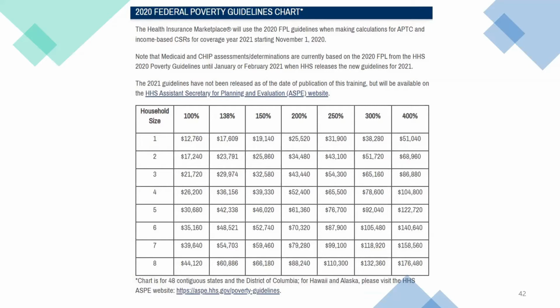And then the columns in between show different amounts of advanced premium tax credits and income-based cost share reductions. So basically, depending on the column, there are different modifications that happen to the plans themselves. And that's basically for silver plans only.